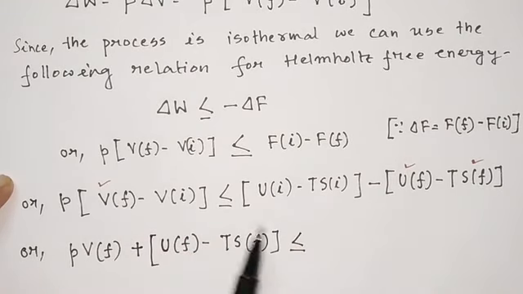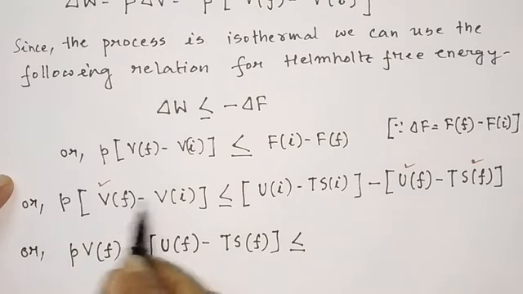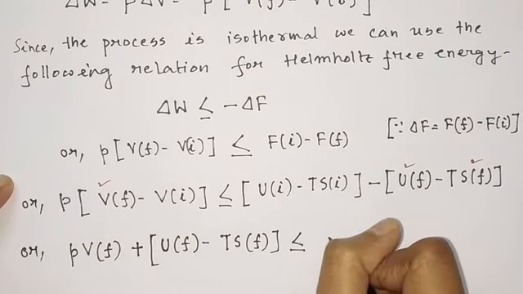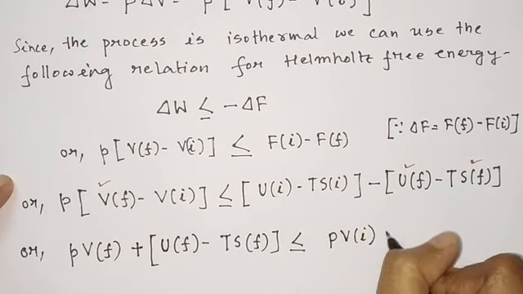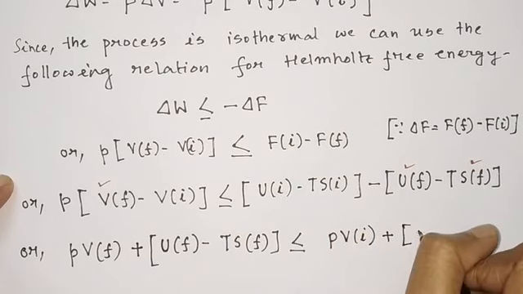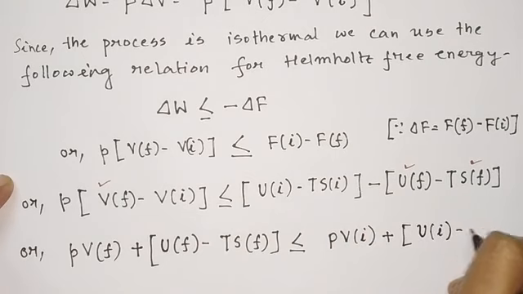Then we will bring this PVi term on the right hand side. If it goes to the right hand side, it will go as plus, so plus PVi, and we already have this term on the right hand side, which is Ui minus TSi.